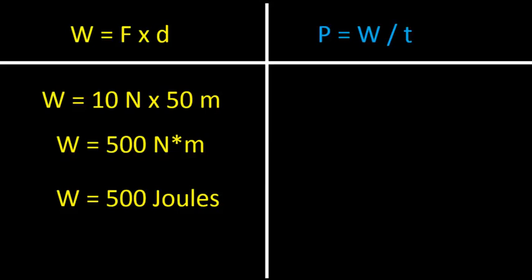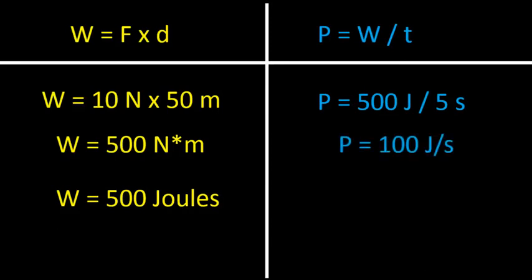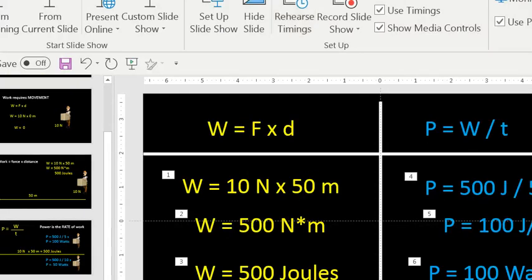Power, on the other hand, is the rate at which work is done, and our example was power would equal 500 joules divided by 5 seconds, or power would then equal 100 joules per second, and that would be equivalent to power equals 100 watts.